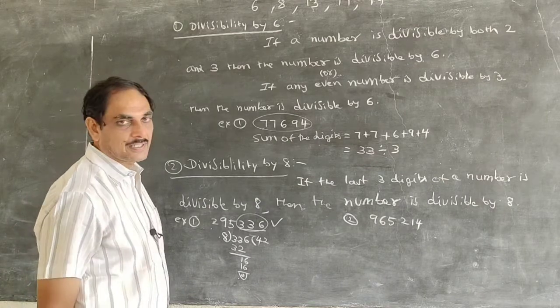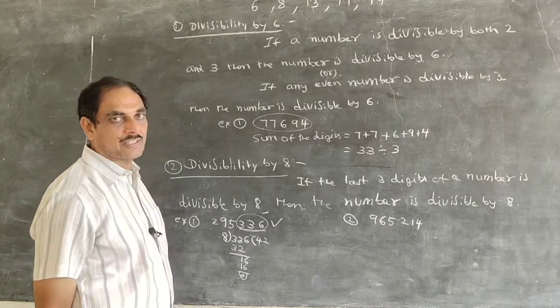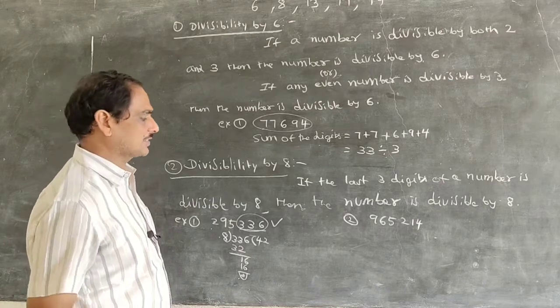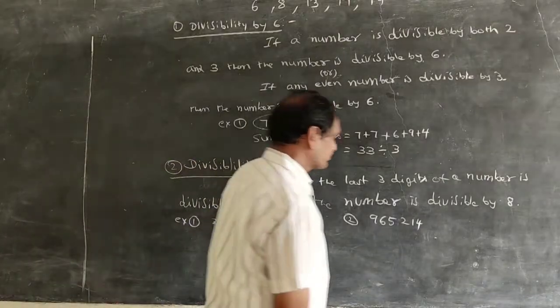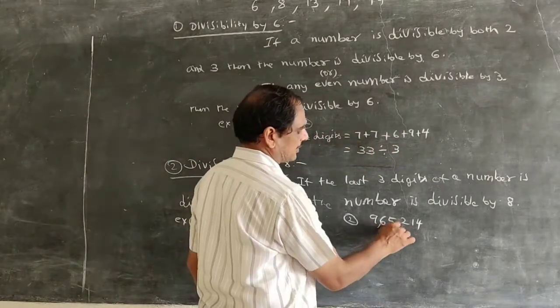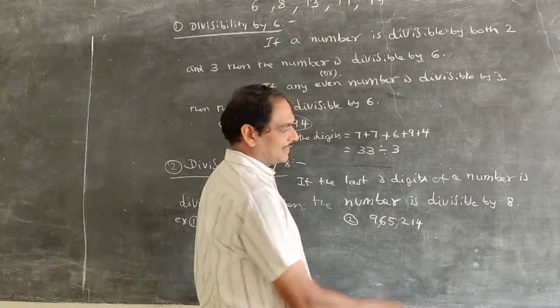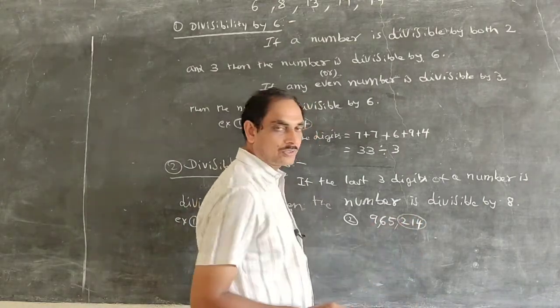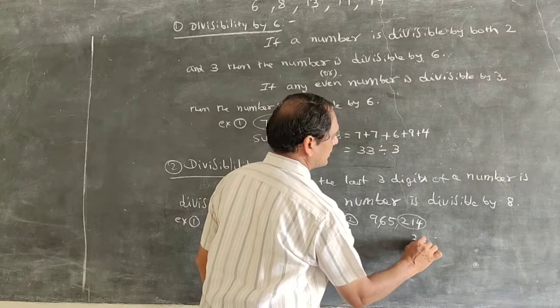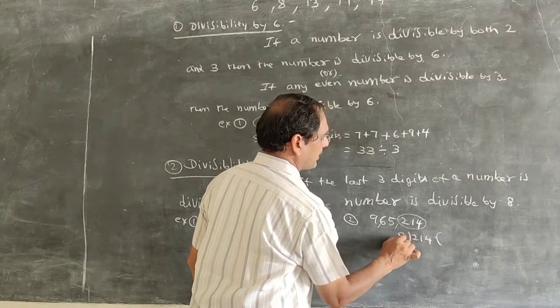So for any bigger numbers we use this property to check whether it is divisible by 8 or not. Next, the second: 965214. In this, the last three digits are 214. We divide it by 8.